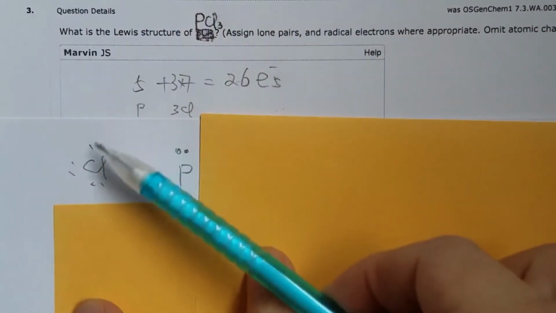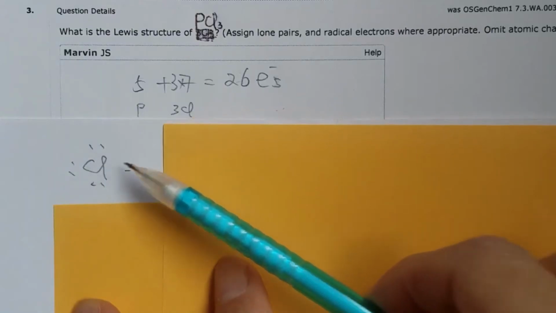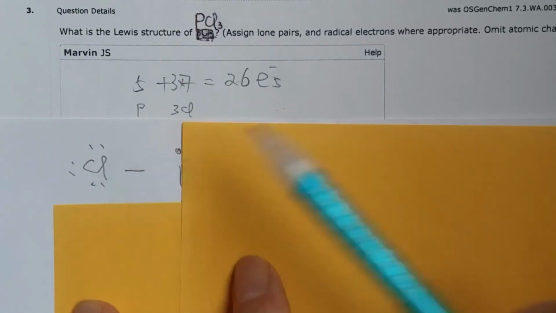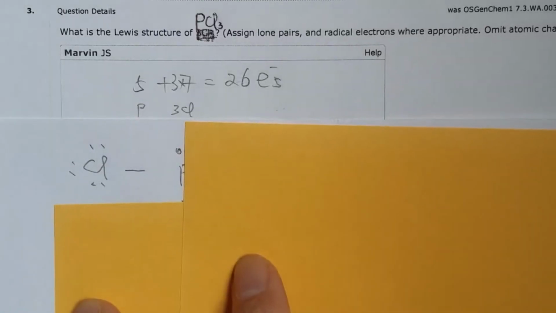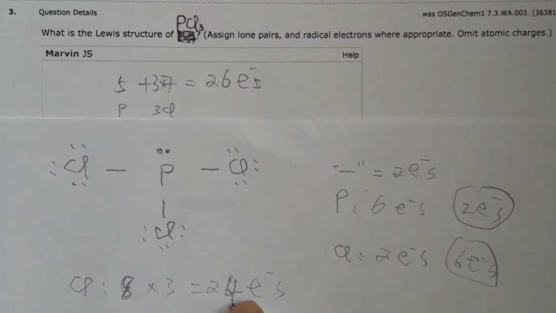For each of the 3 chlorine, there should be 8 electrons. So there are 3 chlorines, 3 times 8, that's already 24 electrons.